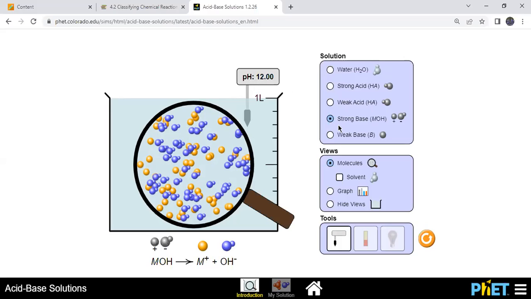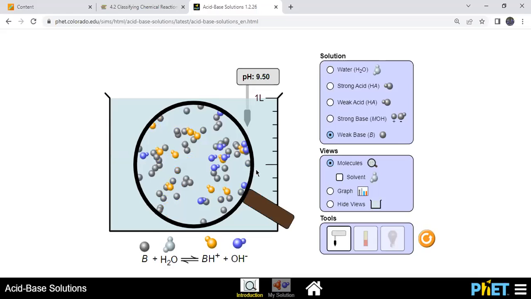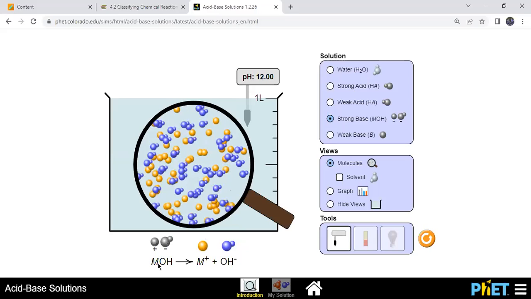All right. And then a weak base is not going to dissociate very much, and it's not going to do much. And notice the weak base, when we talk about dissociation, is not really dissociating as much as it's doing proton transfer, right? If you look at the strong base, you can see it's a salt. So when you put that in water, it's going to dissociate.